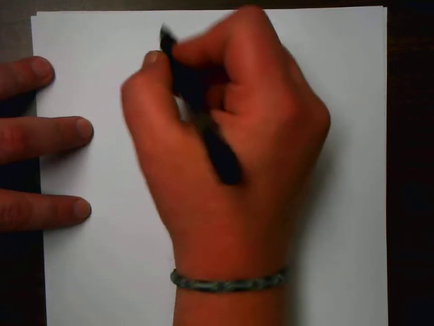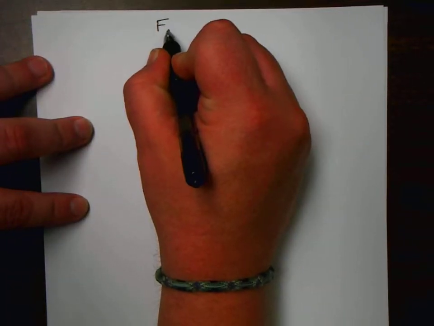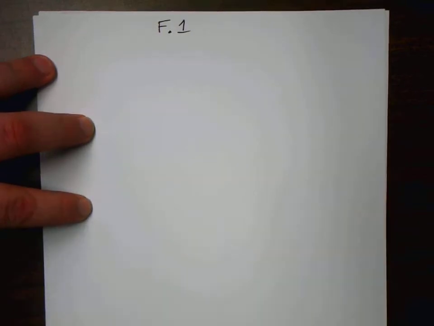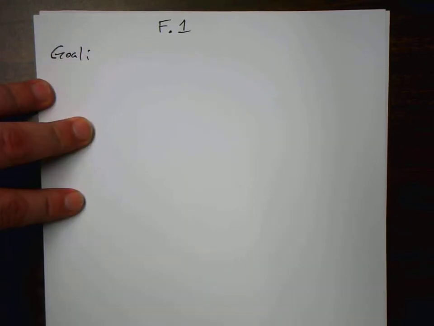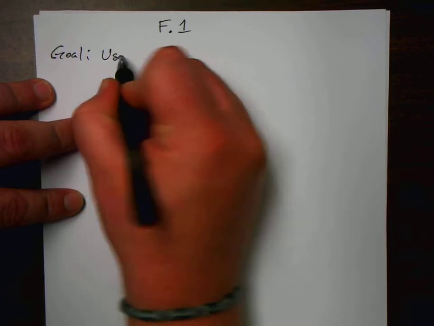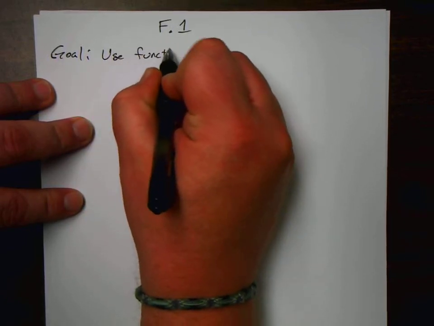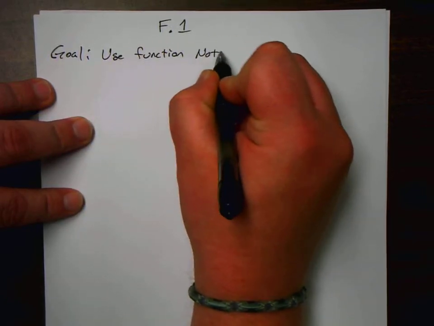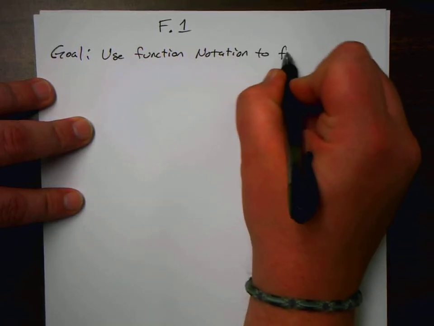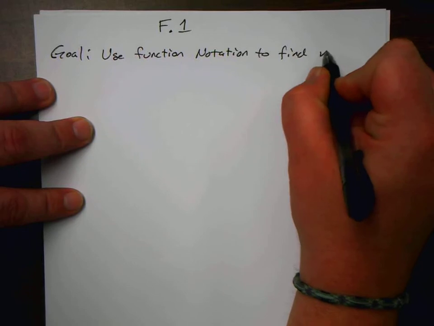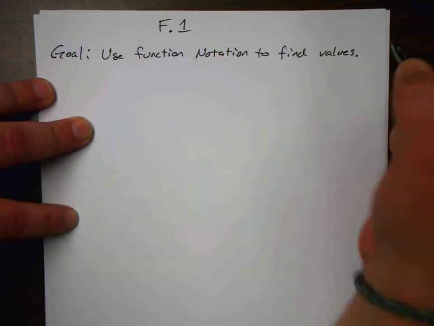Okay, we're looking at the first set of notes for the functions section, and I'm going to call this F1, for functions number 1. Our goal for this video is to be able to use function notation to find values.